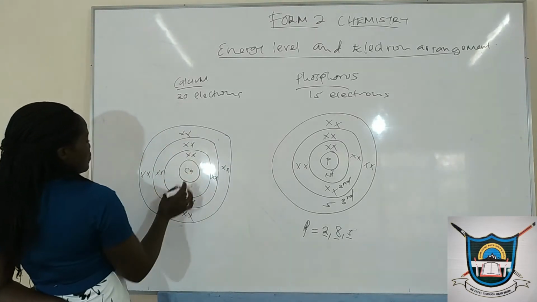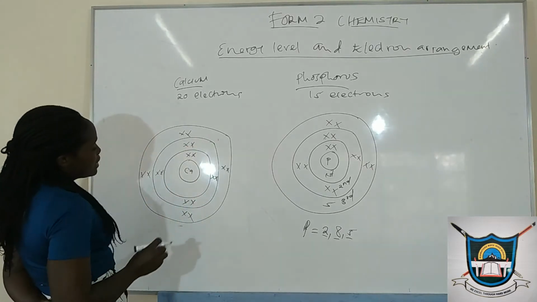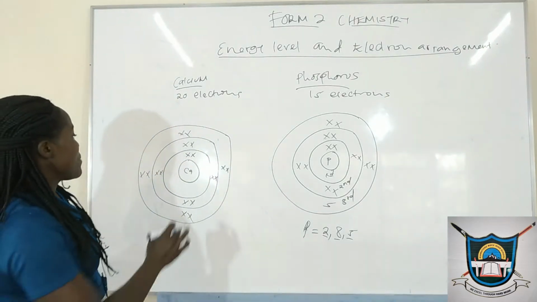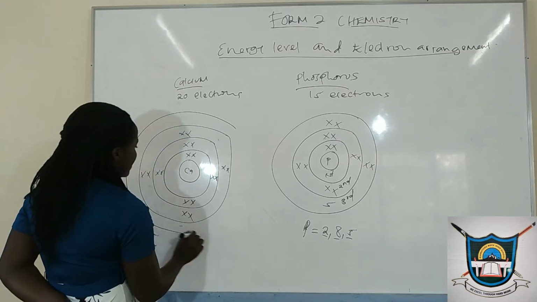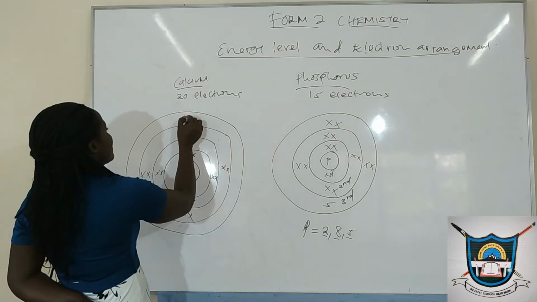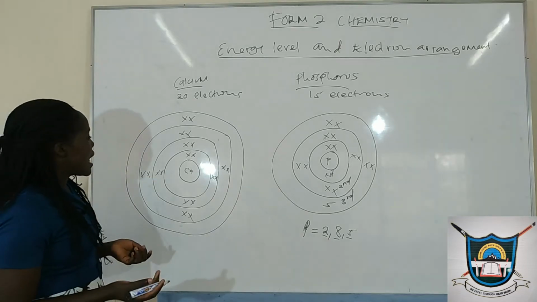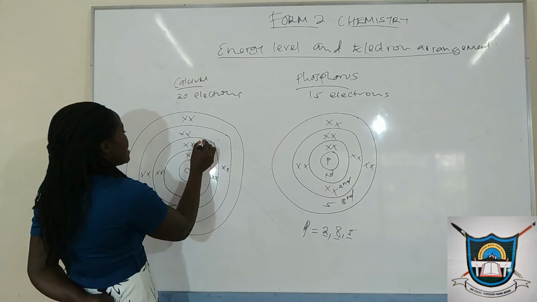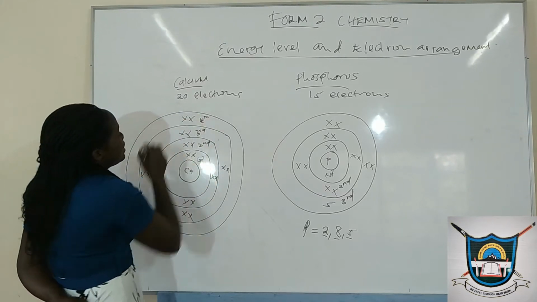So we've seen this energy level is full. This can hold a maximum of 8 electrons. Now it is full. And the third can hold a maximum of 8, which is full. We still have 2 electrons, so we have to draw another energy level that can hold the 2. We can count. Calcium has how many energy levels? This is the first energy level, the second energy level, third, and the fourth energy level.